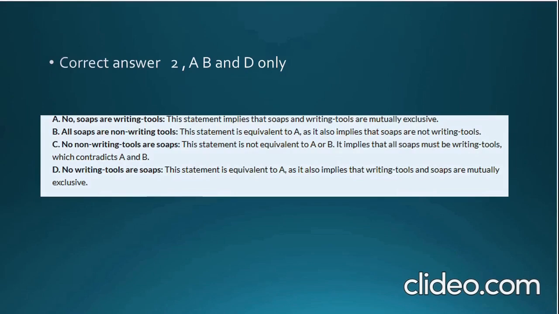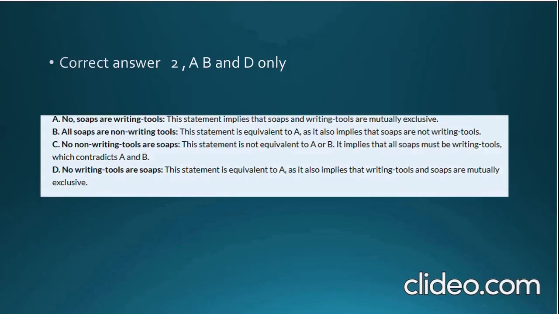C. No non-writing tools are soaps. This statement is not equivalent to A or B. It implies that all soaps must be writing tools, which contradicts A and B. D. No writing tools are soaps. This statement is equivalent to A, as it also implies that writing tools and soaps are mutually exclusive.